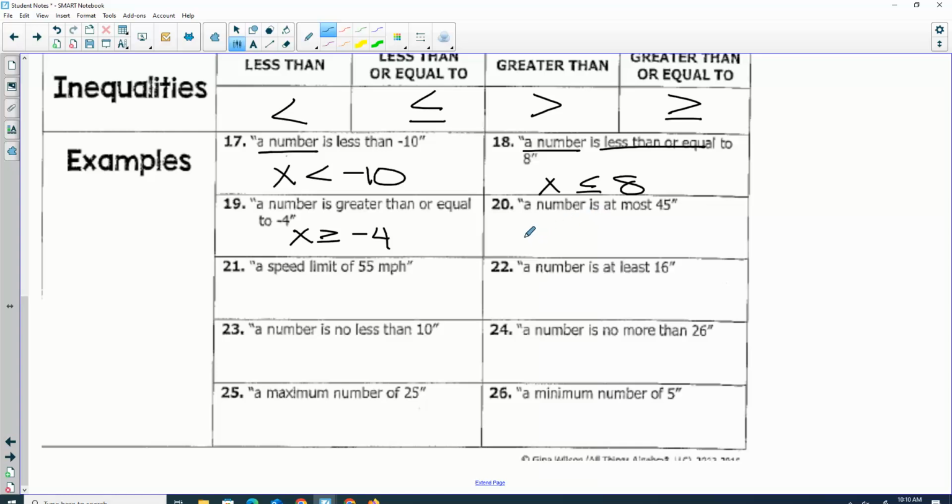We have to think about this one a little. A number, so x, is at most. What does that mean? It means the highest it can be is 45. Right. 45 is the highest, so it can be 45 or it can be smaller. So that would be a less than or equal to 45.